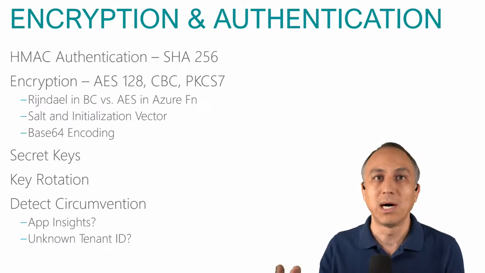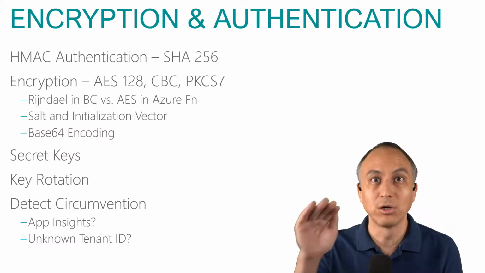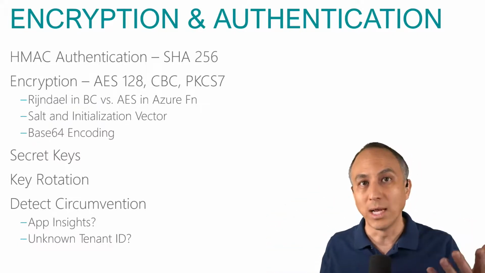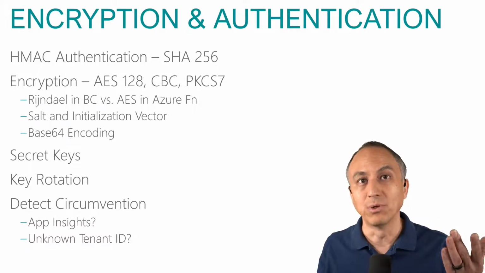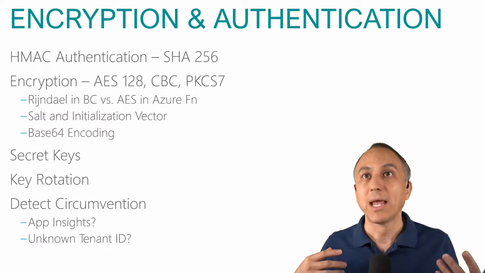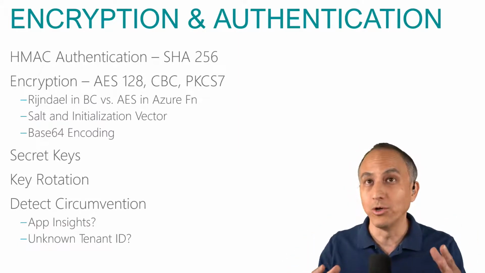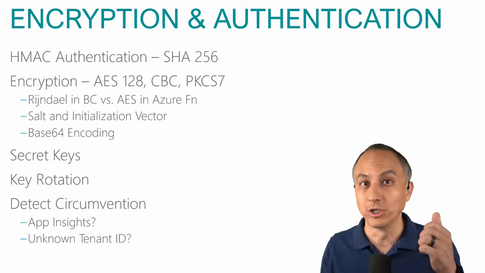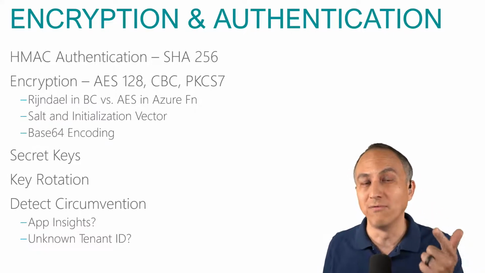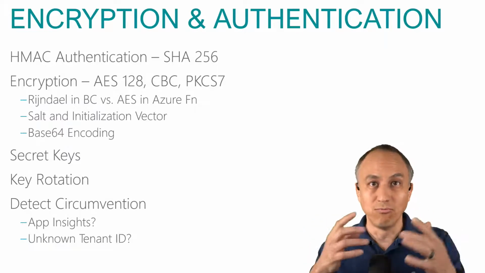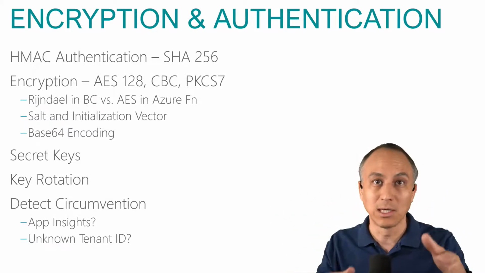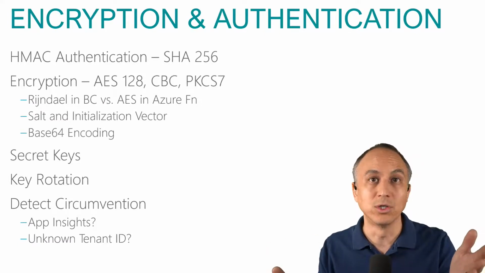So it is possible to have proper AES in Azure Functions and Rijndael with 128-bit block size and 128-bit key in Business Central. Now, it does require you to understand and carefully manage your salts and your initialization vectors for all of that encryption. So we're having to manage all of that for every single customer that registers.